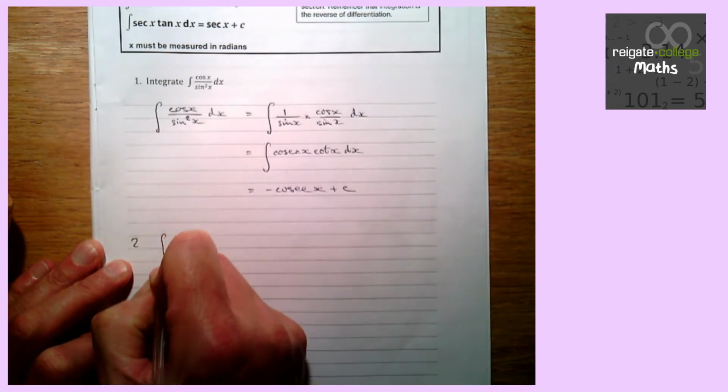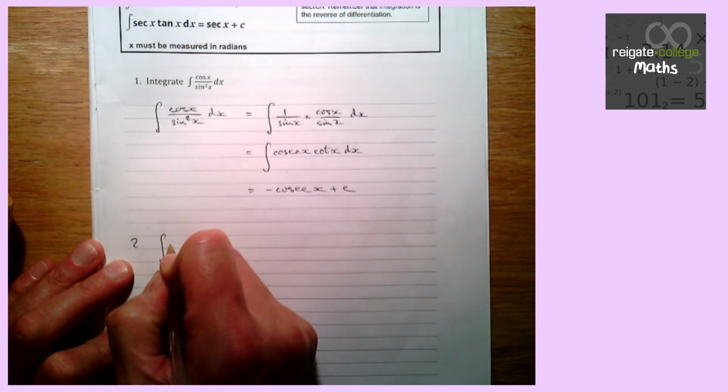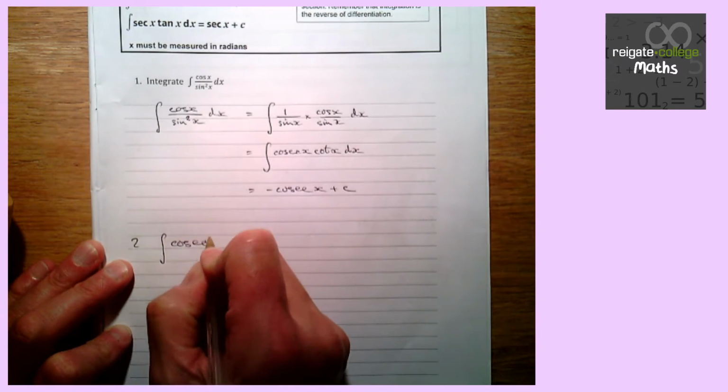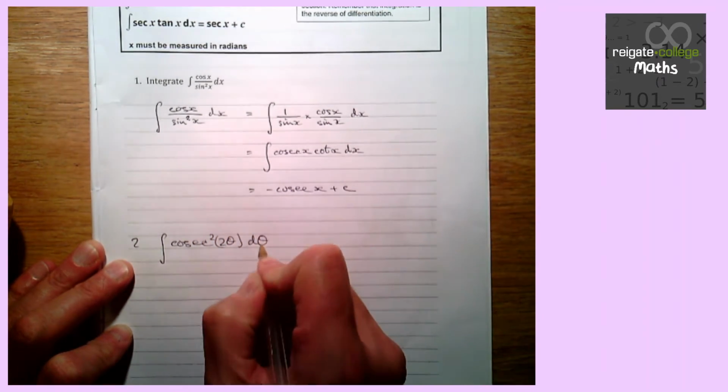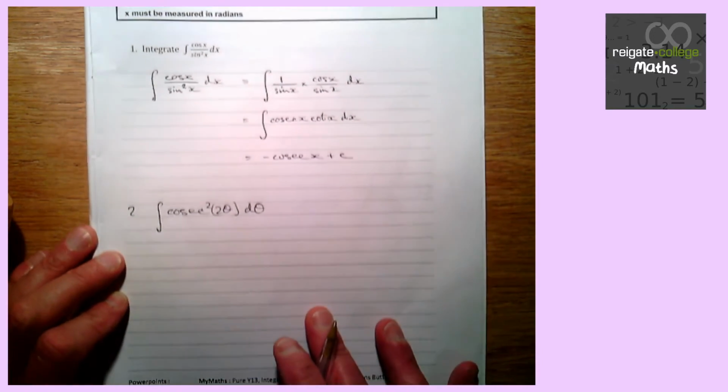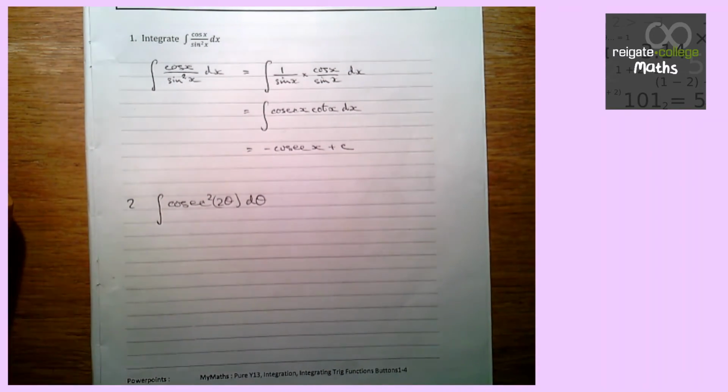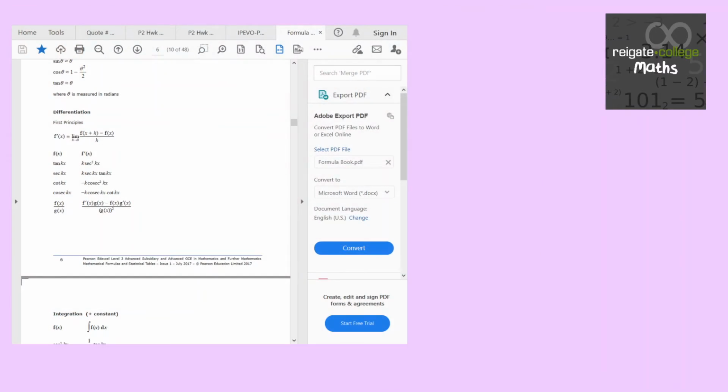So we're going to say if we want to integrate cosec squared of 2 theta d theta, well, we're going to go and look at our formula book again, and we're going to see that if we differentiate cot of kx, we get minus k cosec squared of kx.